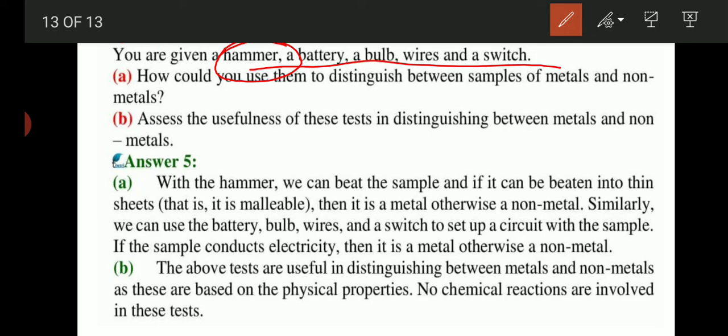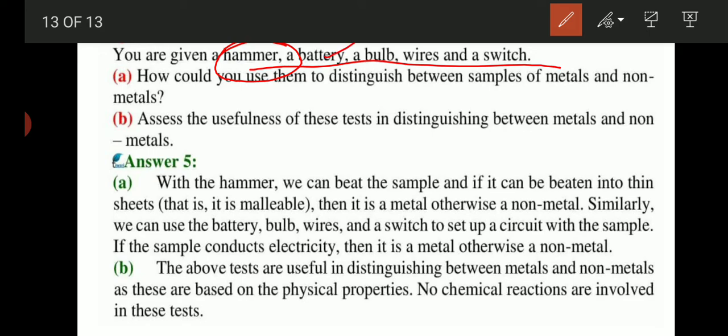Yes, if it is beaten into thin sheets, we can beat using a hammer, right? So when we beat the substances, if the substances are drawn into thin sheets, then we can infer that those substances are metals. Otherwise they are non-metals.